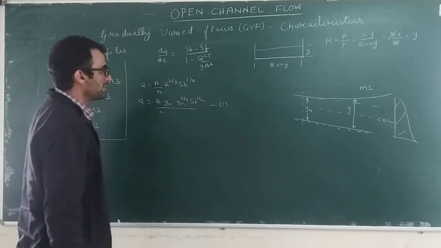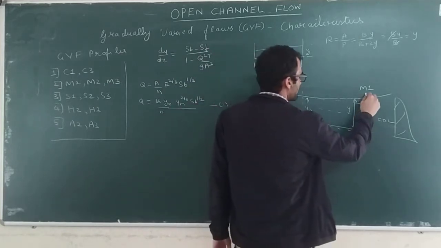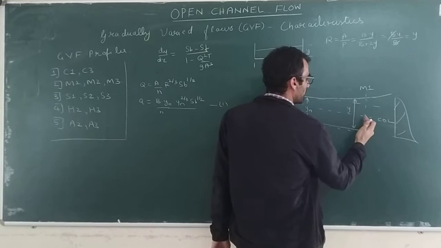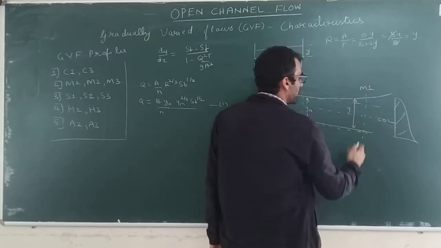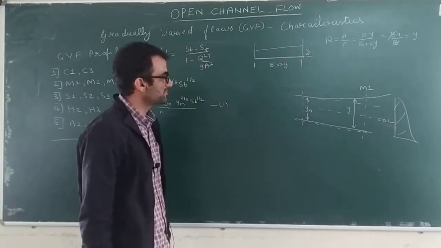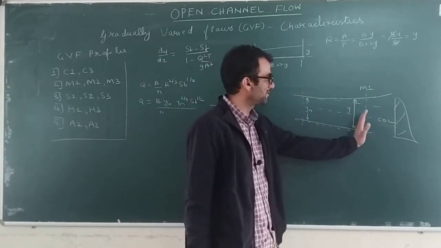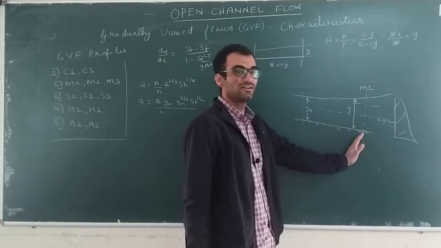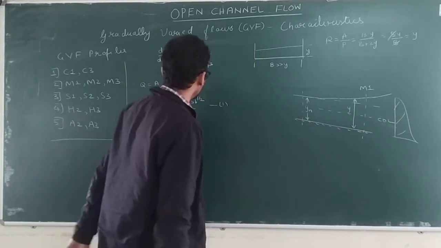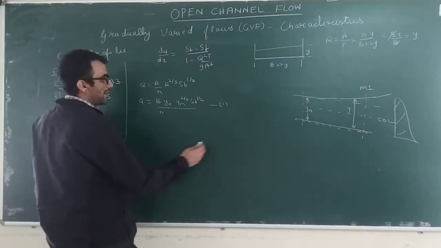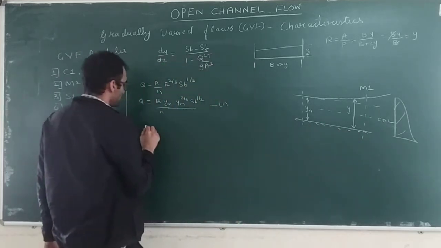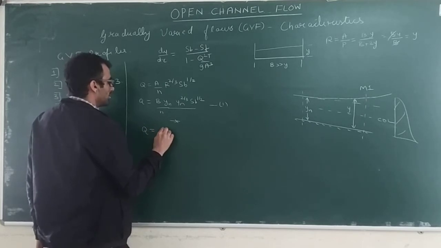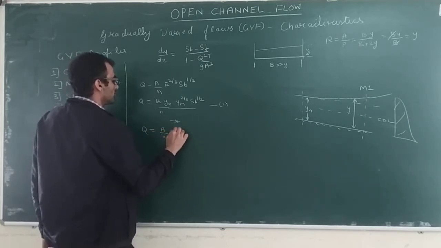Similarly, if you apply the resistance equation at this location in the GVF zone, what is the flow depth here? Y. But we have seen in the assumptions that the resistance equations of uniform flow are also applicable for gradually varied flow. This was one of the assumptions of the theory. So Q is equal to A by N R to the power 2 by 3.